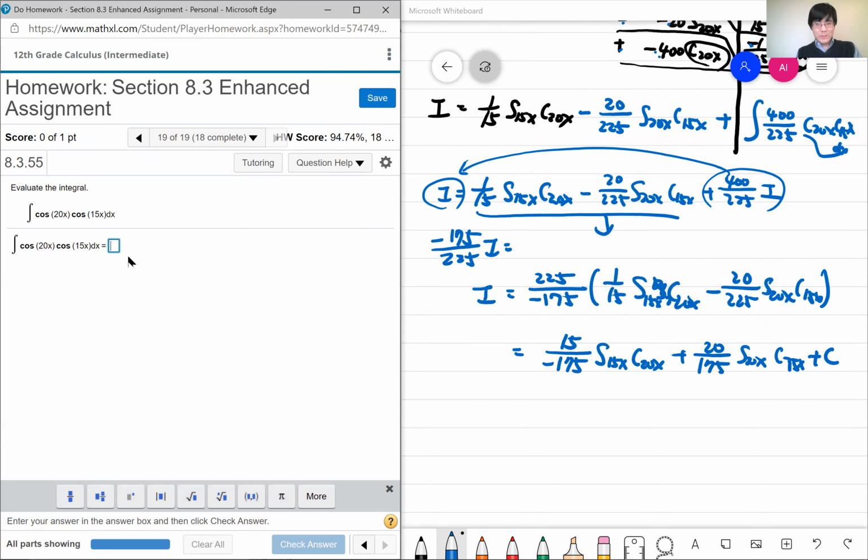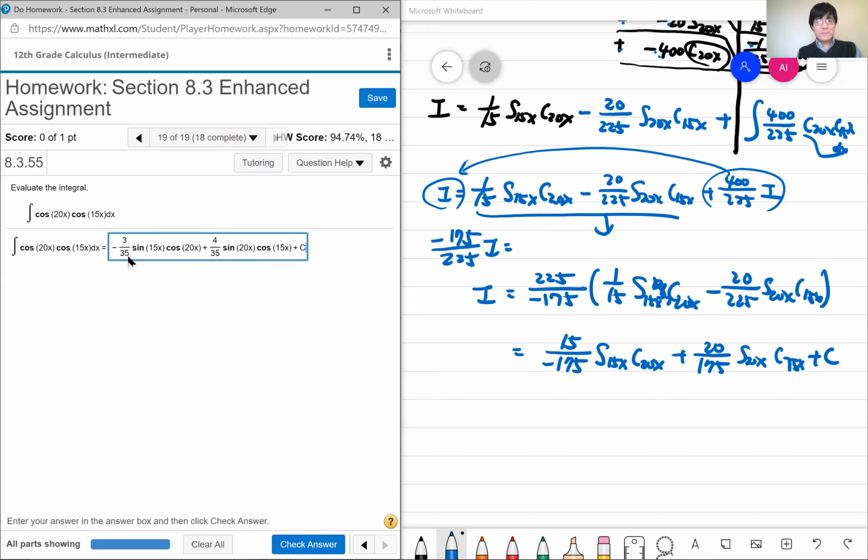So it's gonna be negative 3 over 35 sine 15x cosine 20x plus 4 over 35 sine 20x cosine 15x plus C.